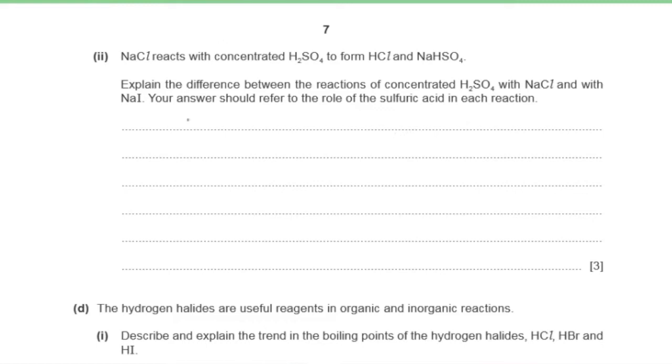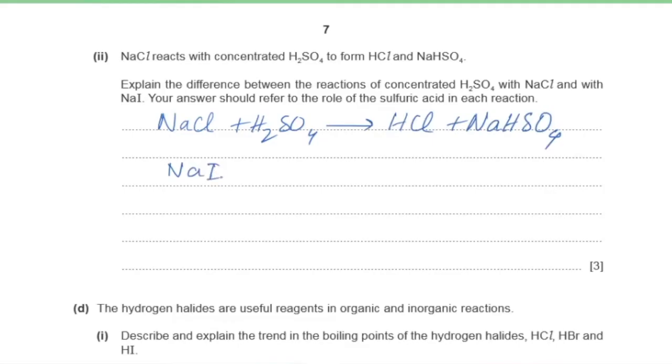So when NaCl reacts with sulfuric acid, it forms HCl plus NaHSO4, and the reaction stops right there. While when NaI reacts with H2SO4, it forms HI plus NaHSO4, and the reaction doesn't stop there.